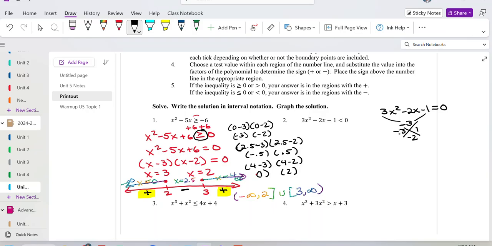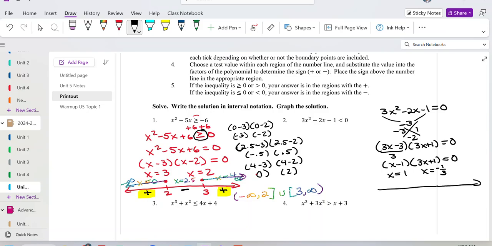Sorry, I did that wrong at first. So when you factor this, since there's a 3 here, I'll go 3x minus 3 and 3x plus 1. Since there's a common factor, I'll divide. So it's x minus 1 times 3x plus 1 equals 0. When you set these equal to 0, you get x equals 1 and x equals negative 1/3.